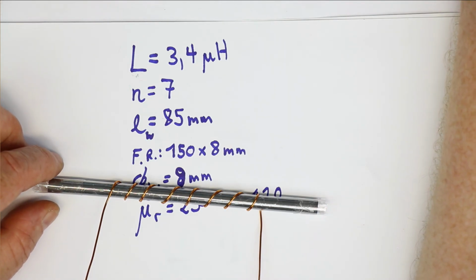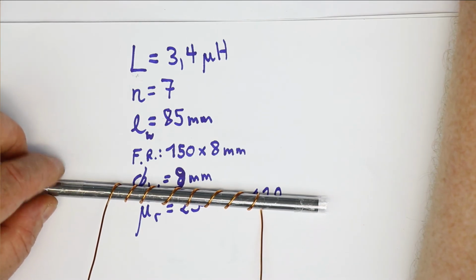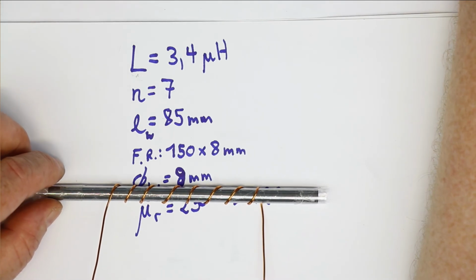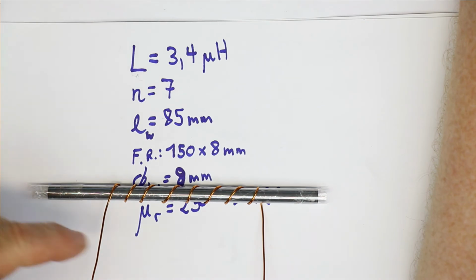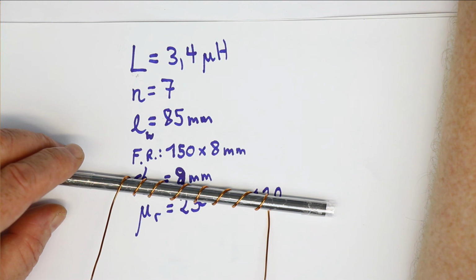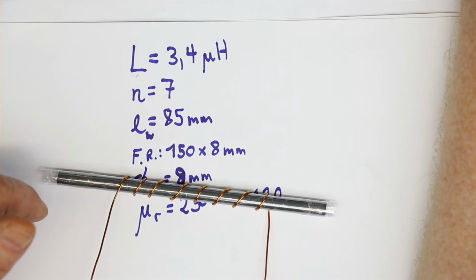Simply because this important factor, the relative permeability, not only of your material but of your special ferrite rod, depends on so many factors. It depends on the diameter, the aspect ratio, the length of the winding, etc., etc. So only with a test winding can you get a correct result, and from that result on you can do better calculations.